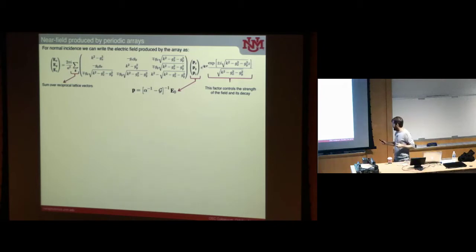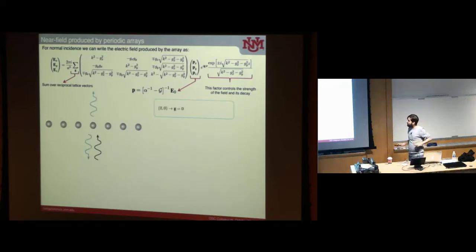Before, when we send a plane wave, we have been looking always at the 0 order, which appears for a reciprocal lattice vector that is 0, and therefore this exponential is just a plane wave that propagates along the z-axis, with a factor proportional to 1 over the wavelength.